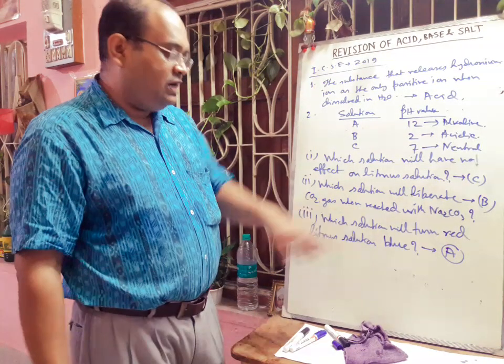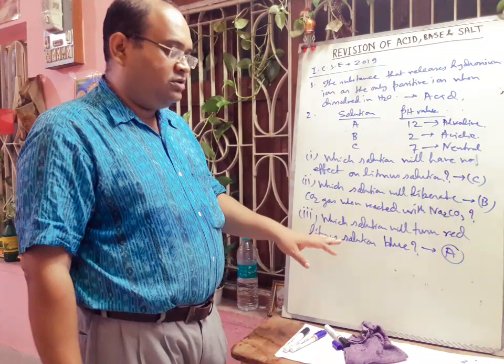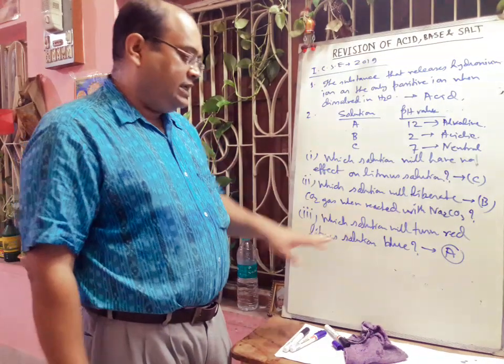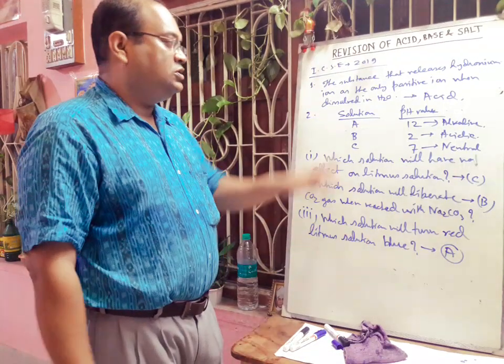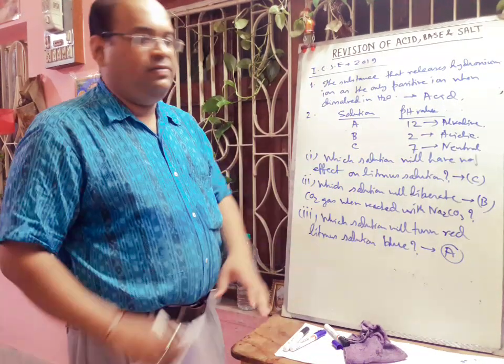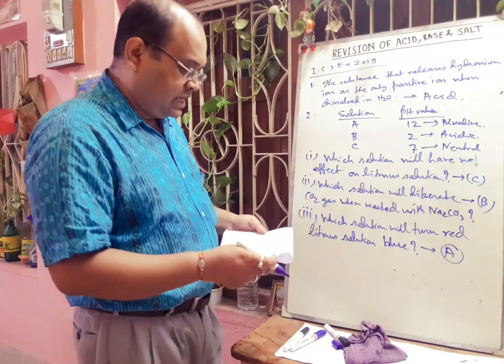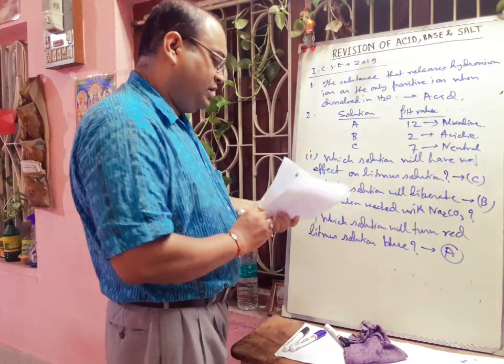Generally, a base solution or alkaline solution turns red litmus solution blue, and acid turns blue litmus solution red. So here, as A is an alkaline solution and its pH value is 12, the answer will be A. Hope you can understand the answer of this question.